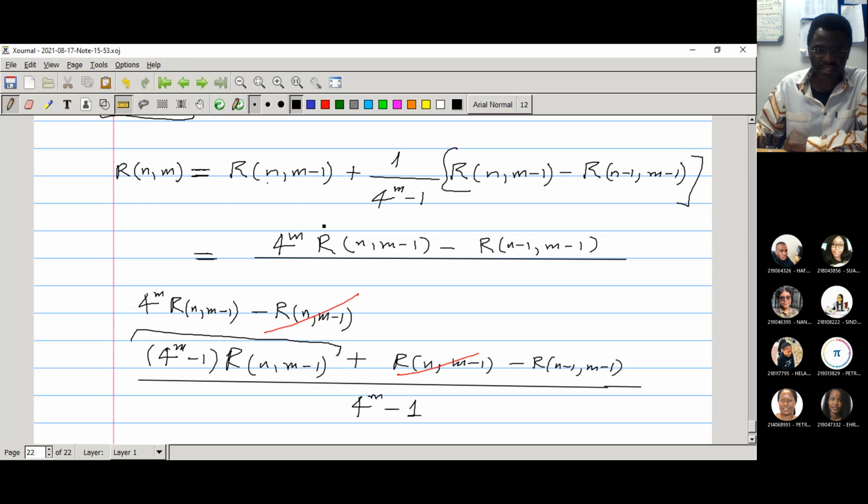You see, I just take the weighted sum. The factor of this 4 to the m and the factor of this negative 1. So I divide by the weighted sum, which is exactly this. So by 4 to the m minus 1. So you can see that the factor, this one is this factor here.